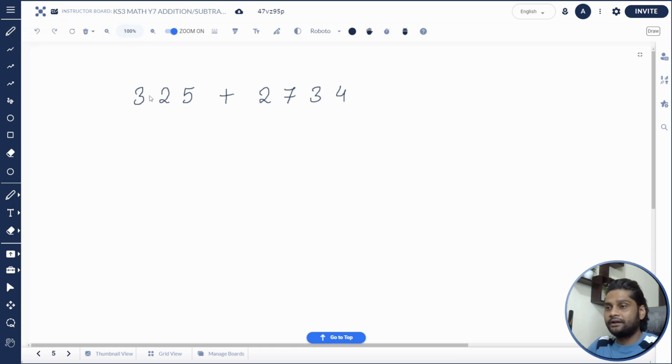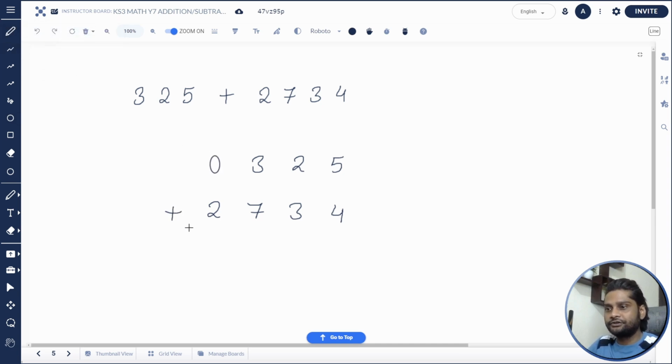We'll again have to stack up the numbers. Let's first write the first number. It's 325. While writing the second number, you have to align the ones place again. Ones digit. So 4, then 3, 7, and 2. No matter there is a vacant place, you can always fill up with a 0. And then perform addition.